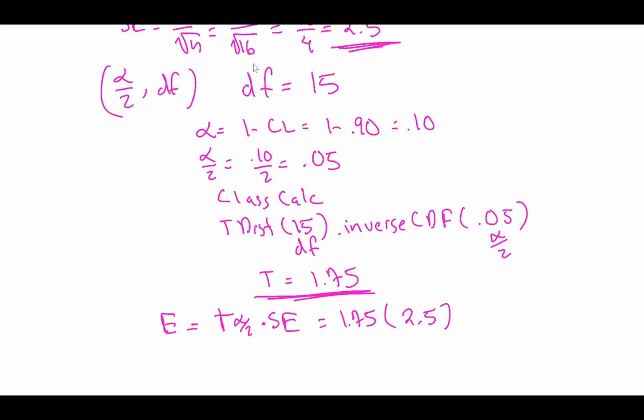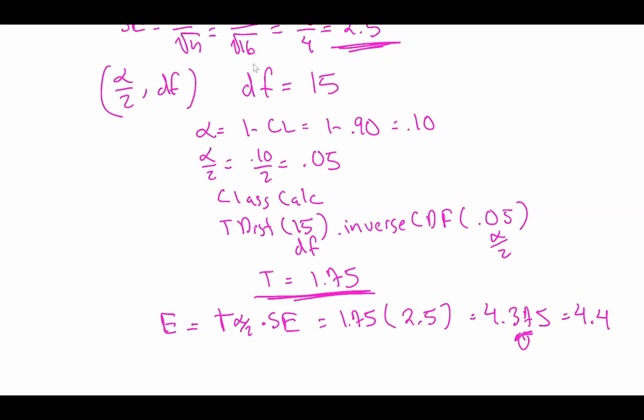So if I get 1.75 multiplied by 2.5, you get 4.375. But if you look at the 7, I'm going to round up this 3. And we're going to make this into 4.4. Everybody good on the 4.4? All right.